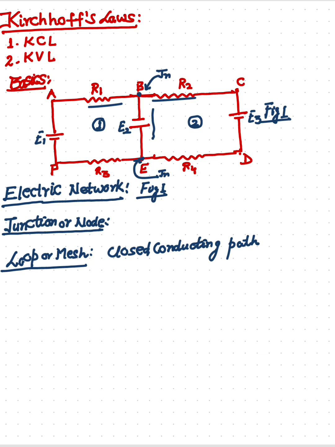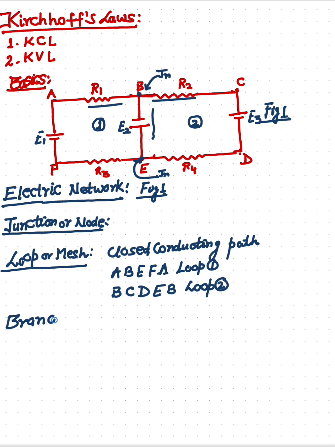Here this loop is A, B, E, F and back to A. This is loop 1. And B, C, D, E, B is another loop, loop 2. Clear?